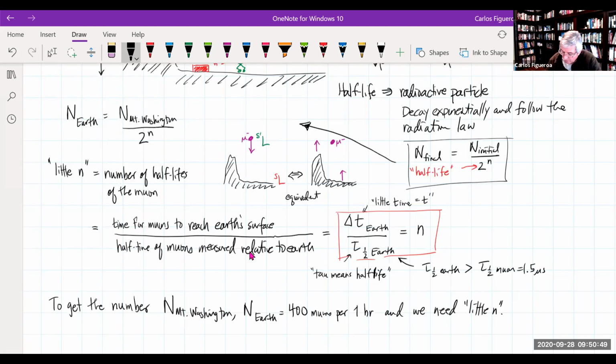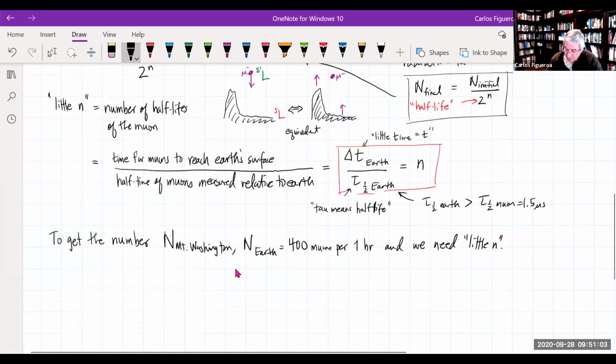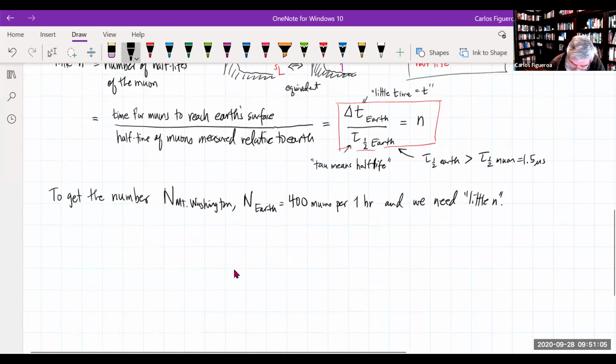So that means in order for me to get little n, I got to get the time it takes for the muons in the Earth's frame to go from the top of Mount Washington to the detector, and then I need to measure the time dilated thing here. Right? So to get n, the first thing that we're going to need is delta t of Earth.